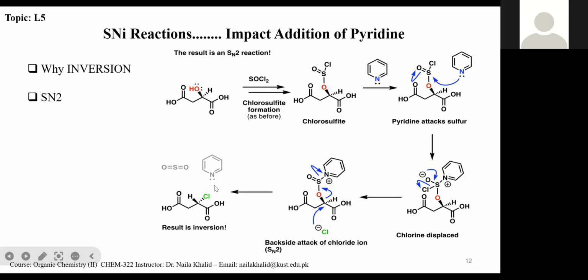Pyridine is obtained at the end, acting as a catalyst, blocking the front side, making the nucleophile attack from the back side. So that is why, instead of retention of configuration, you will obtain inversion of configuration if you have added pyridine.